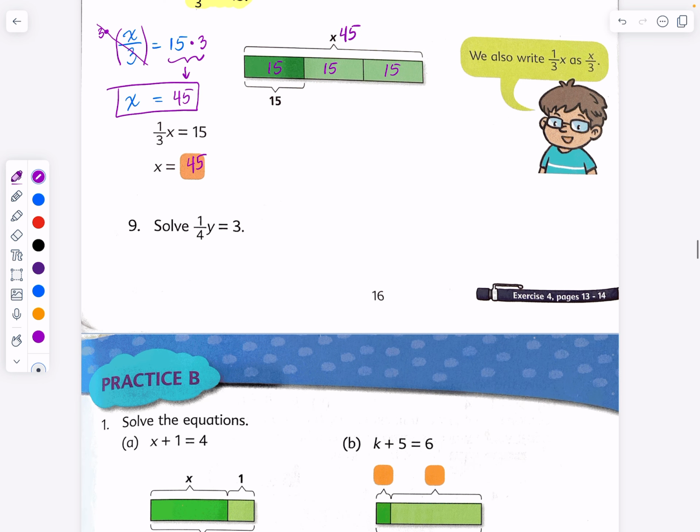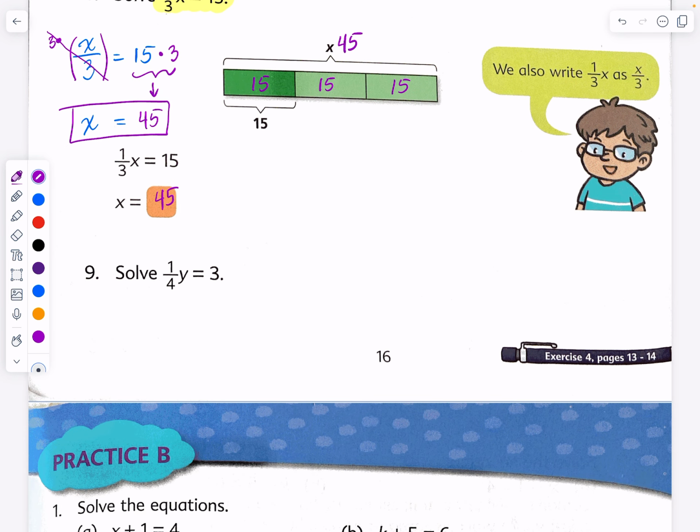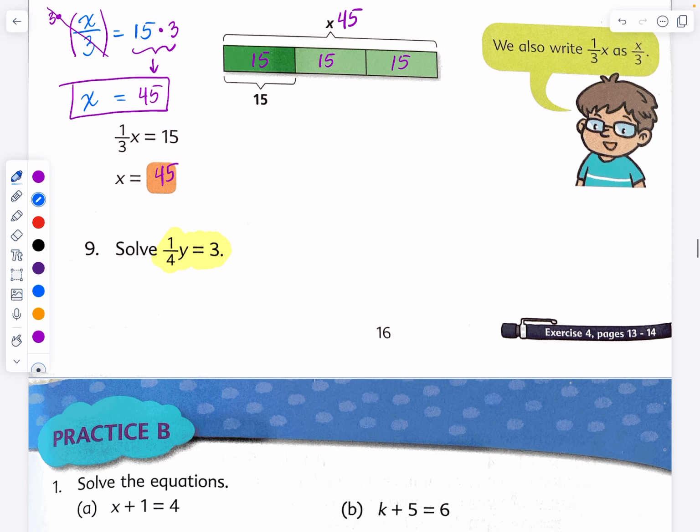And finally, problem number 9. 1/4 of y equals 3. Again, let's continue using the same strategy. Isolate the variable. 1/4 of what equals 3? Well, we want y by itself on the left-hand side. What is standing? 1/4, or divide by 4. What is opposite? We need y by itself.